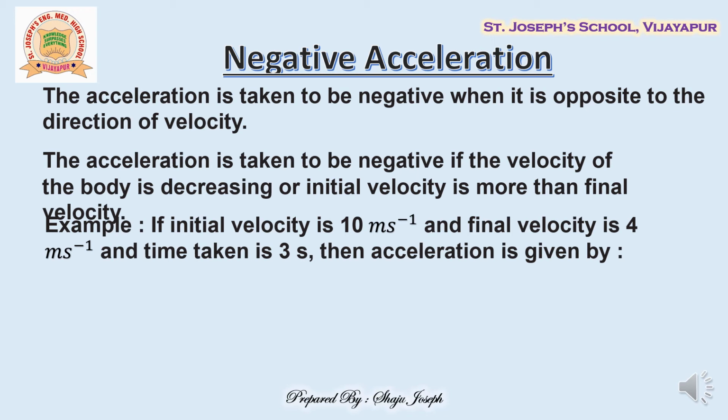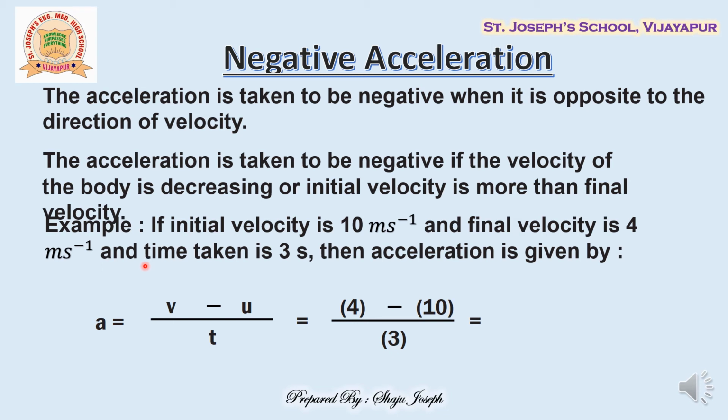Then the acceleration is given by, you know the formula already. a is equal to (v minus u) by t, right? Put the values. What is v? v is the final velocity, which is 4. So it is 4 minus u. What is u? u is initial, 10. So it is 4 minus 10 divided by time.